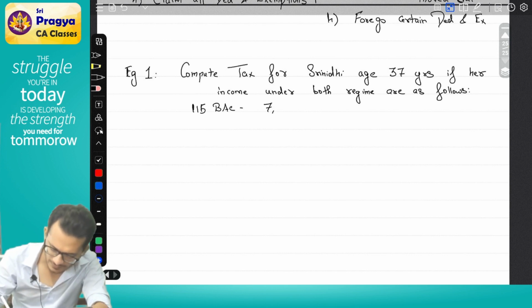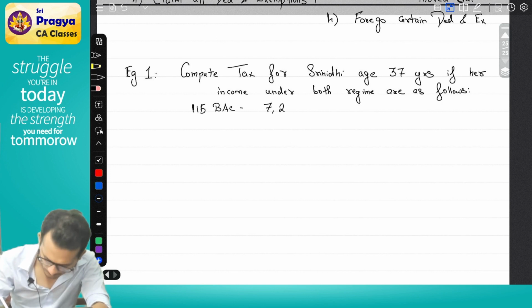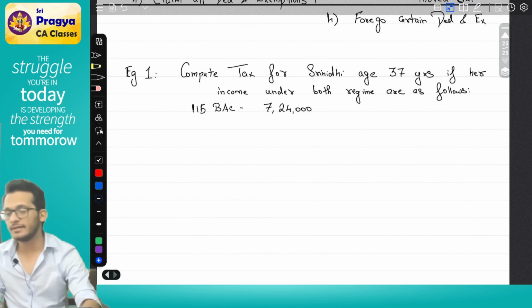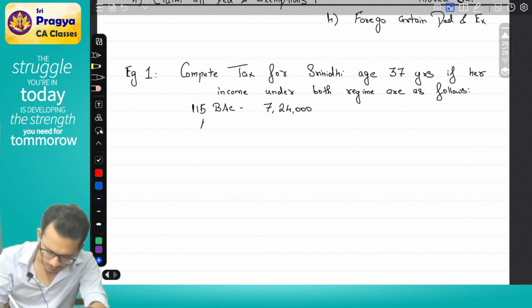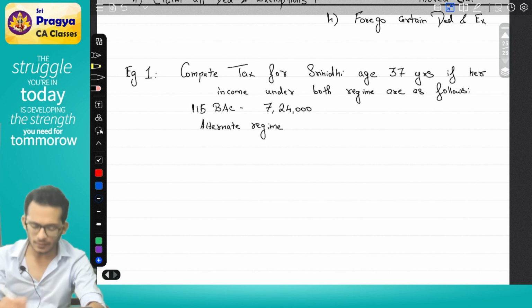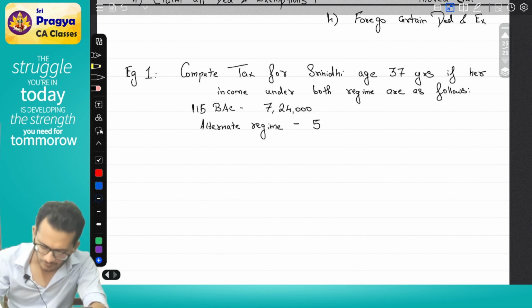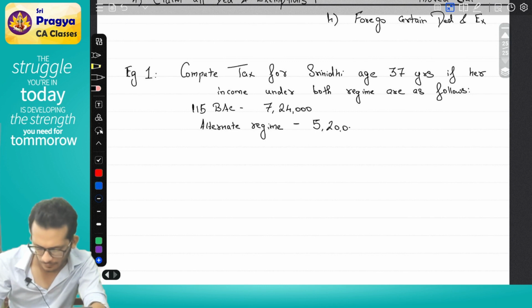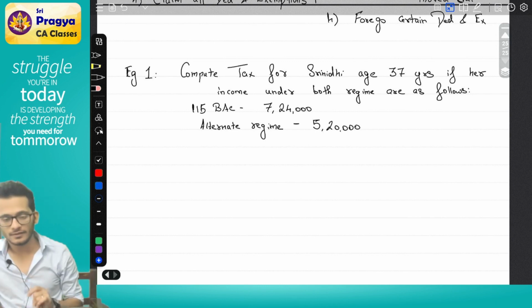Under 115 BAC, her income is 7,24,000. Under the alternate regime, her income is 5,20,000.